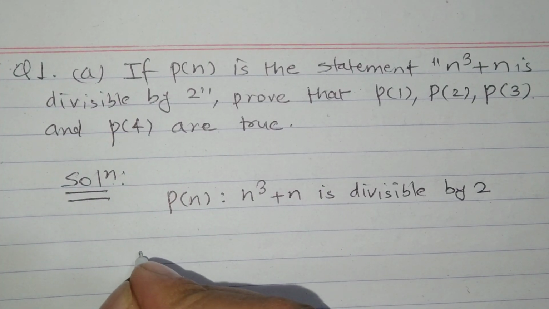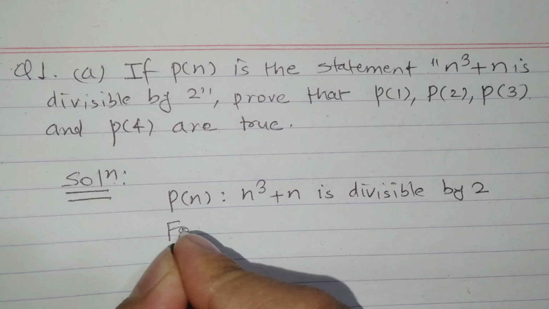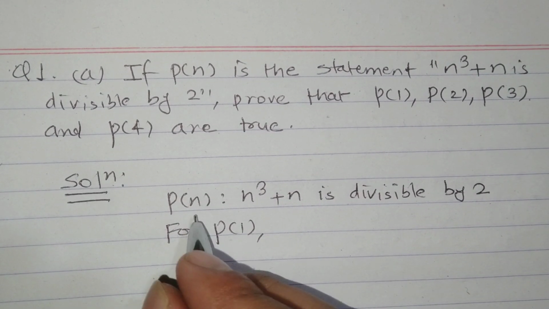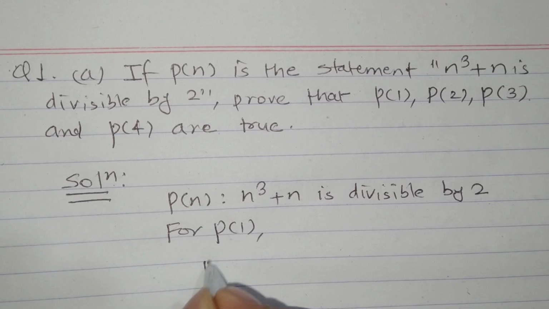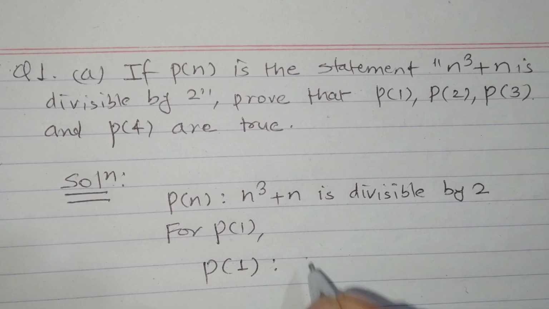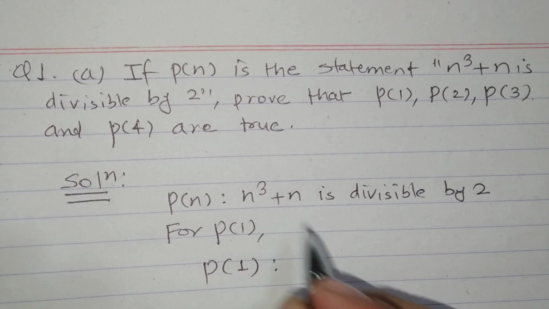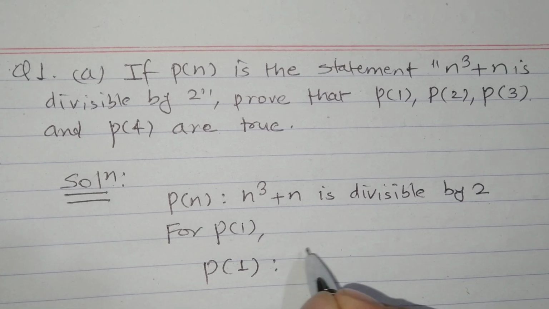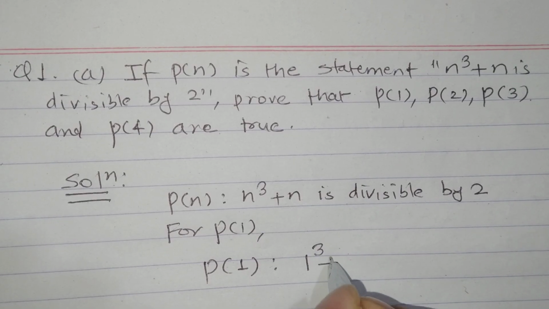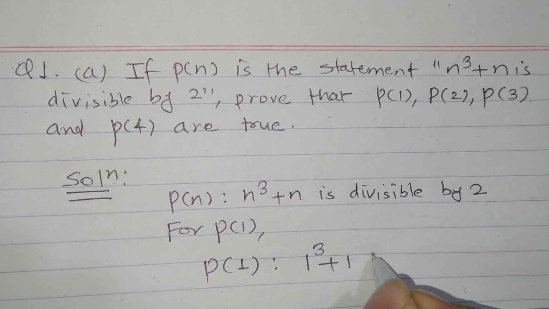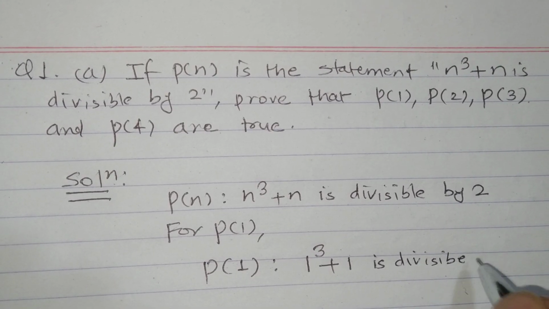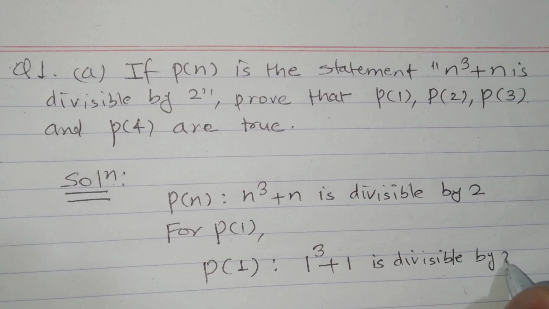So first of all we check for P1. In this case what we do is just replace n by 1, so that we'll get P1. So replacing n by 1, 1 cube plus 1 is divisible by 2.